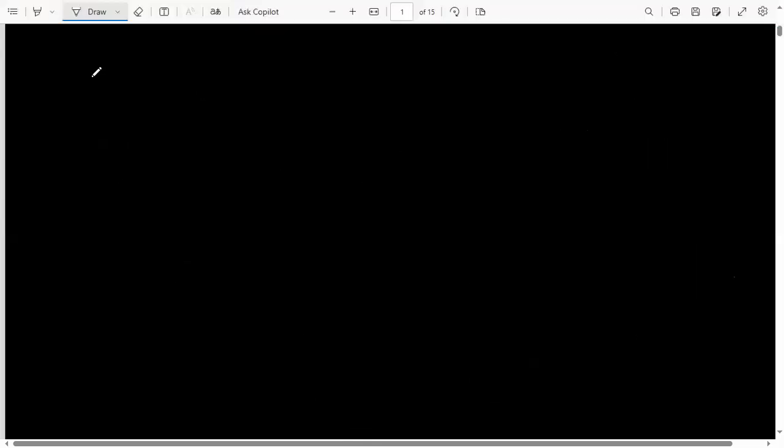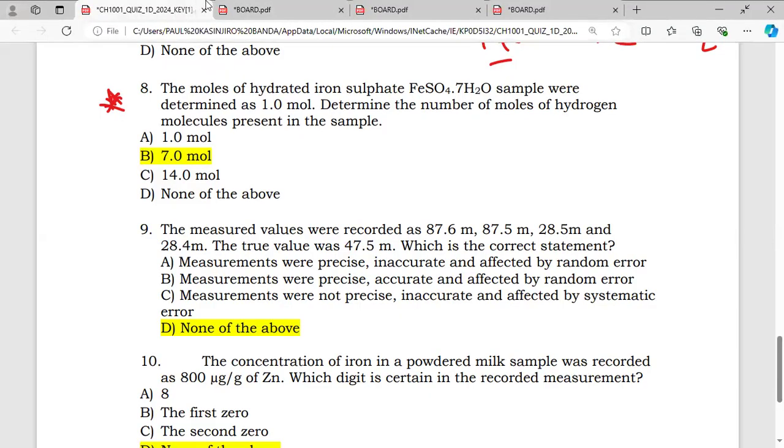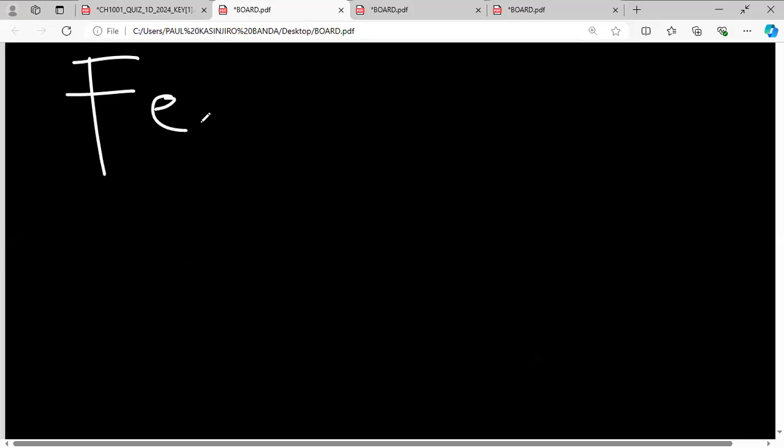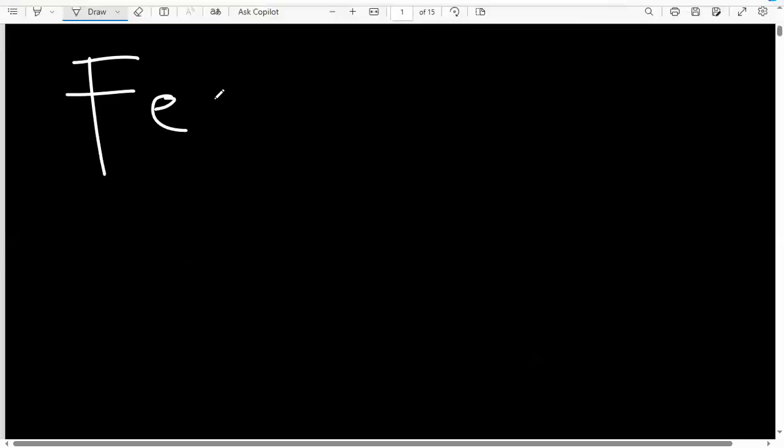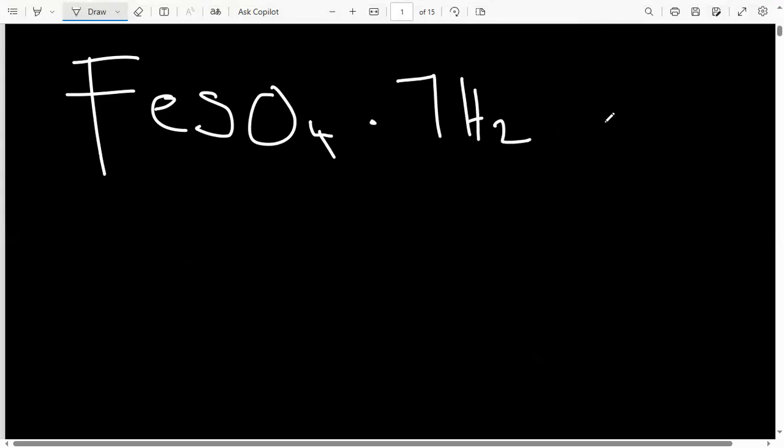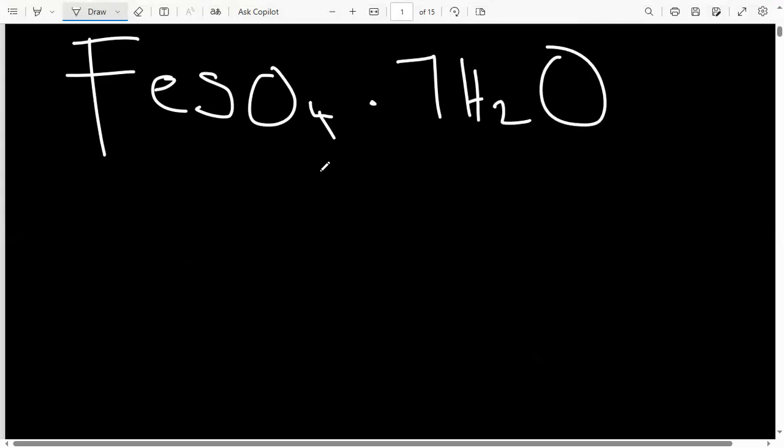So we have this here, S4 and then 7. We will put the water of hydration here like that. In that question they said we have one mole of this whole thing.